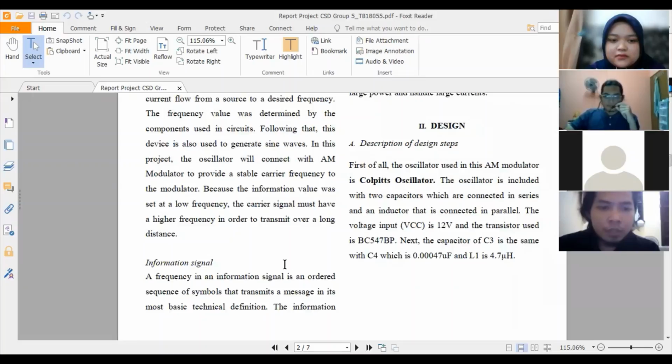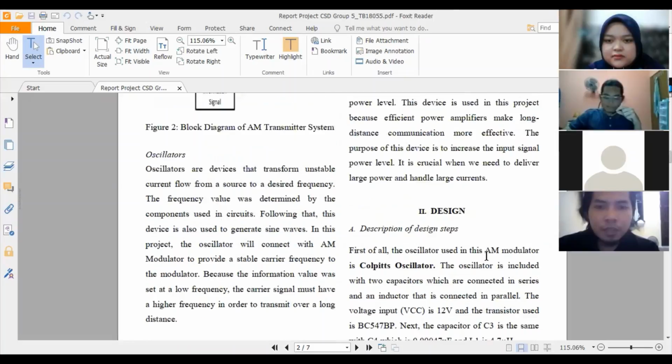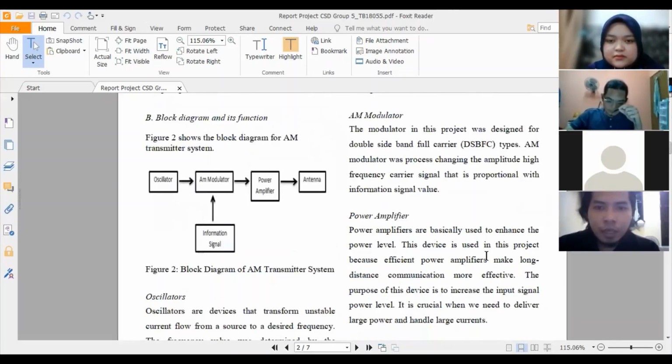The information is an ordered sequence of symbols that transmit a message in its basic technical definition. And the AM modulator is for double sideband full carrier.